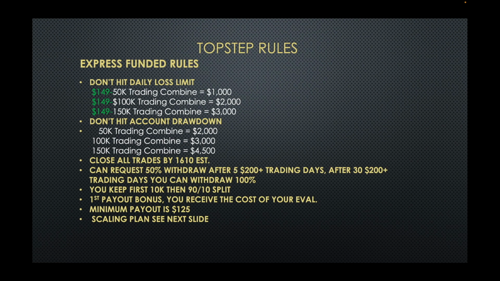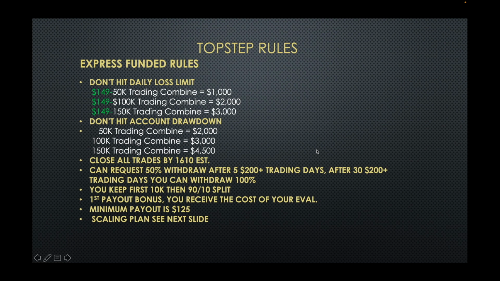You pass it one time, and then whatever your drawdown was in your eval, once you hit that drawdown, you can start withdrawing money. That's one thing Top Step does different than the other ones: once you get to the Express Funded stage, you have to have a minimum of 5 trading days of $200 or more before you can withdraw.